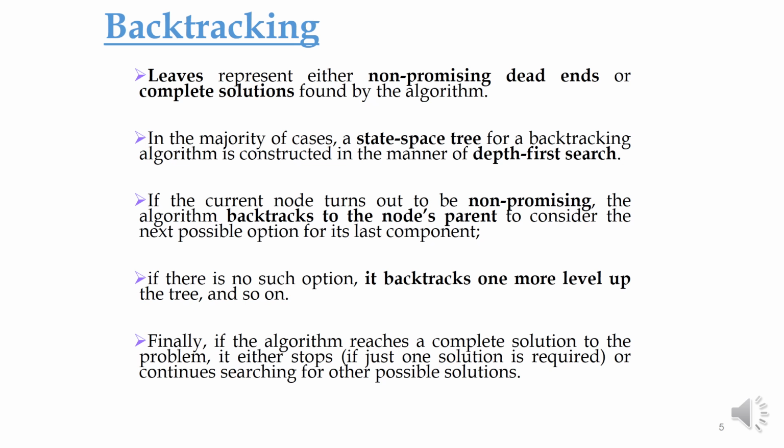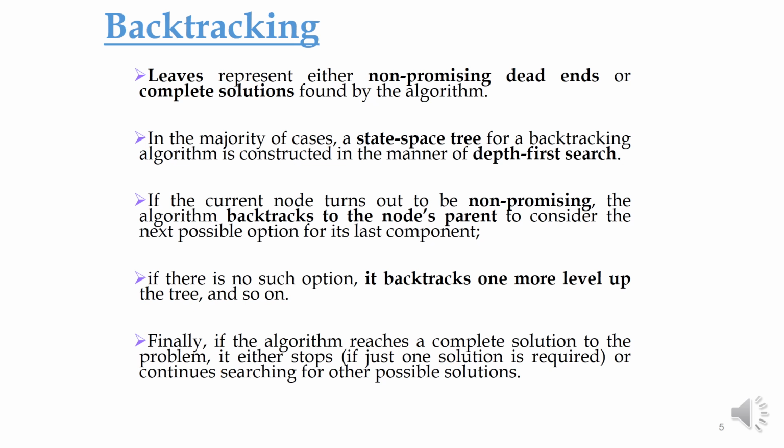In this state space tree, the leaf nodes represent either the solution or a non-promising node. The non-promising node can be considered a dead end. Usually we perform the depth first search method, so until we reach a dead end, we keep exploring the state space tree. If there is no more choice, we backtrack and move on to the next possible solution.